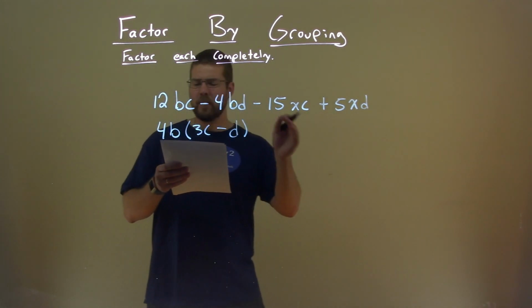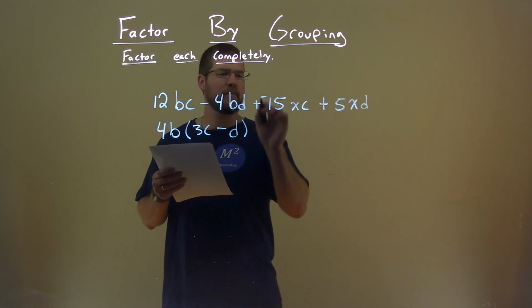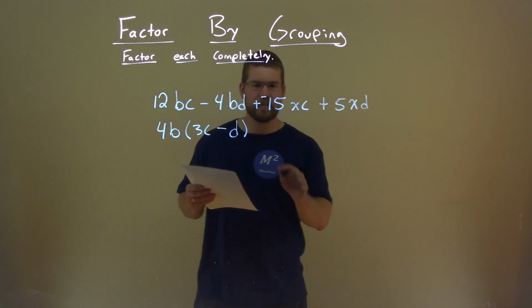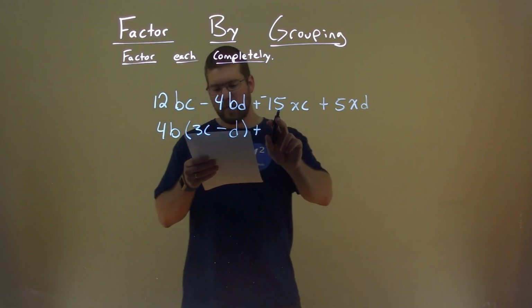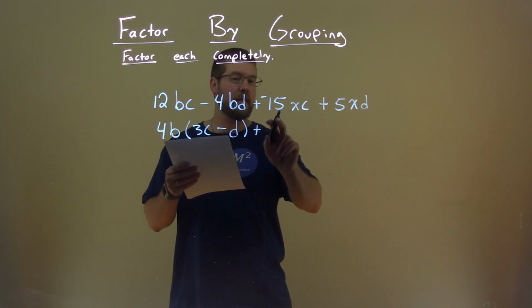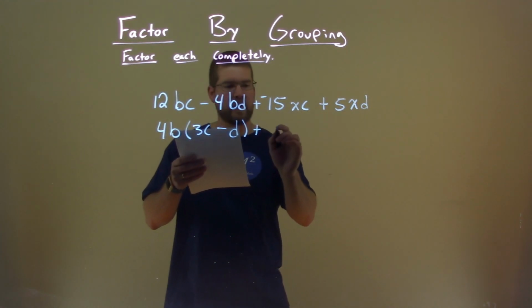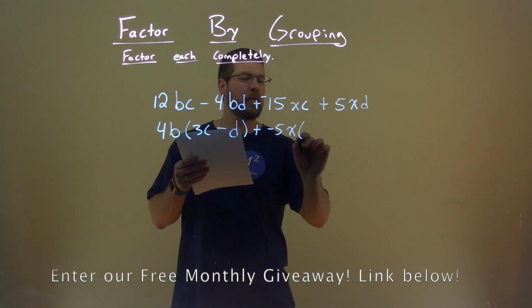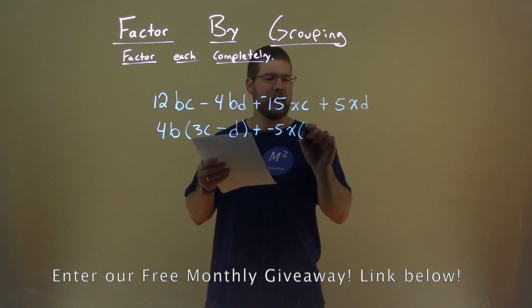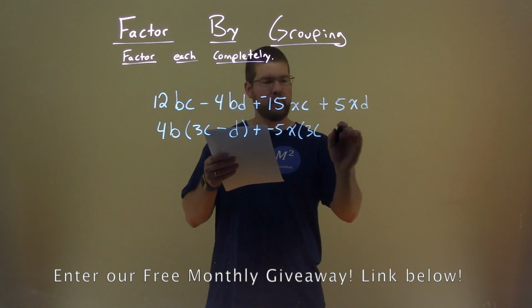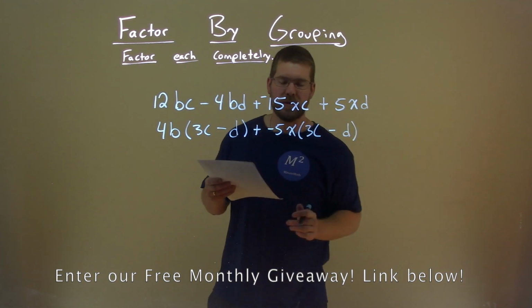Well, we're going to do the same thing with the second half. I like to write this as plus and minus, personal preference. What do we see? Can we pull out a common factor? Yeah, I can pull out a negative 5x. If I pull out a negative 5x, the first part becomes a 3c, and the second part becomes a minus d here.